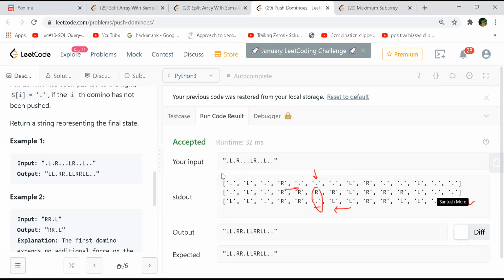Therefore it nullifies and you get a dot here. That's the only point I wanted to make. But the rest is the same, there's not going to be any difference.